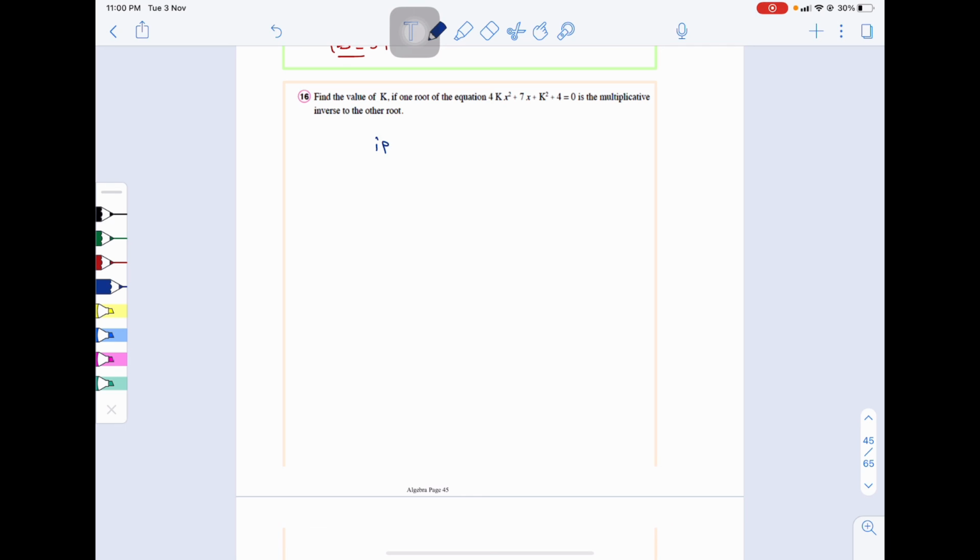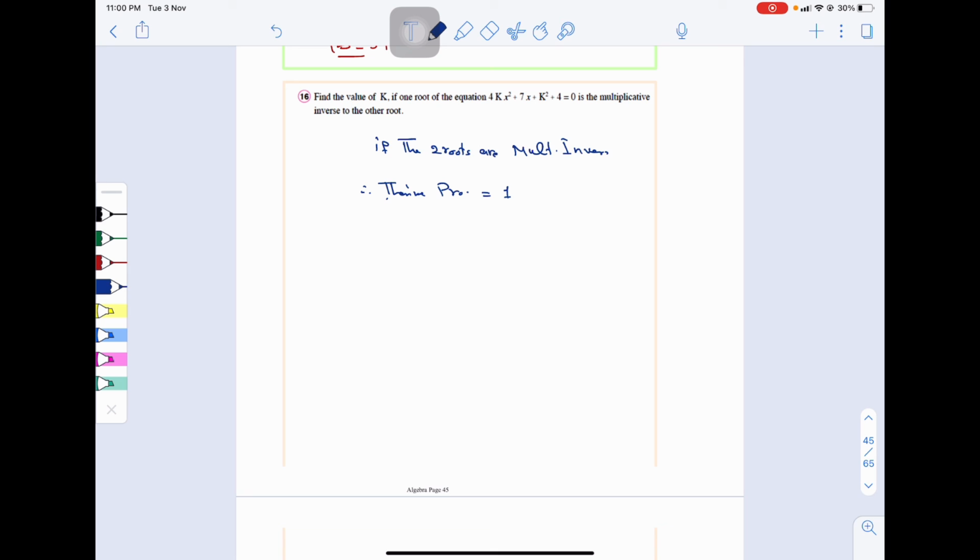If the two roots are multiplicative inverses, therefore their product equals 1.